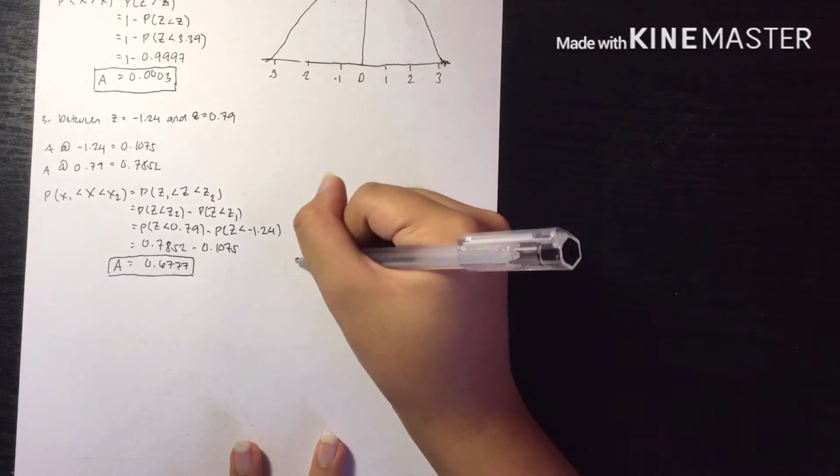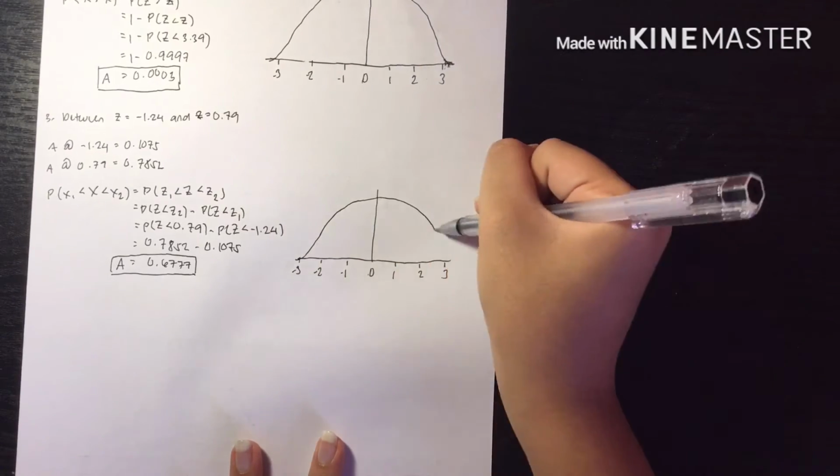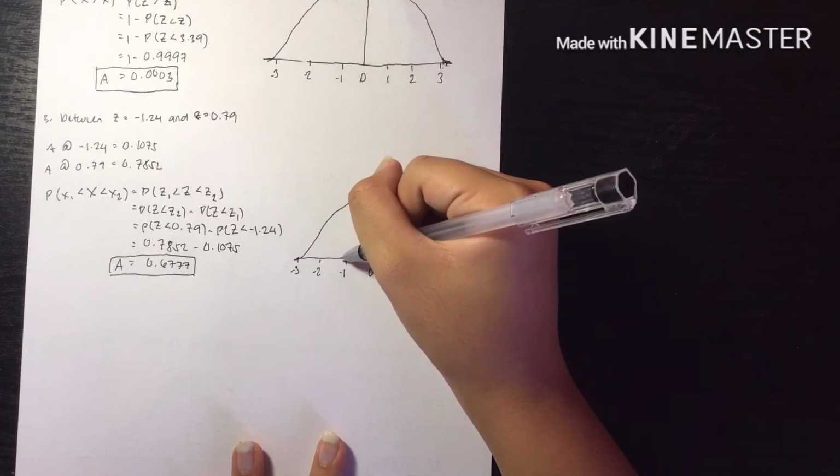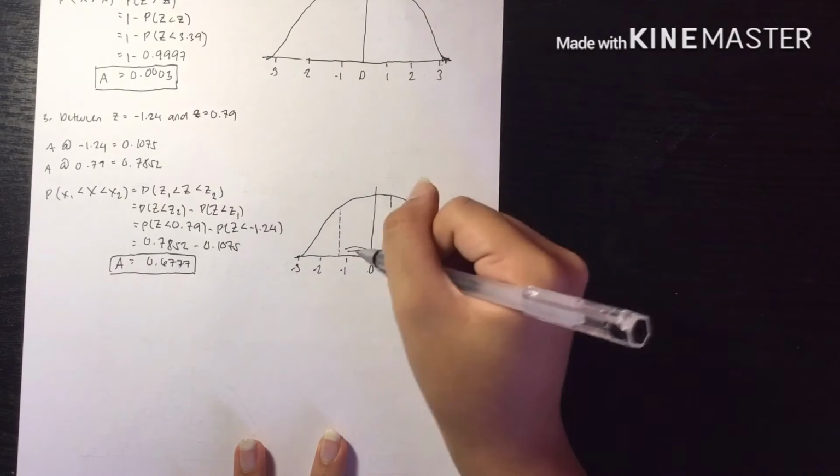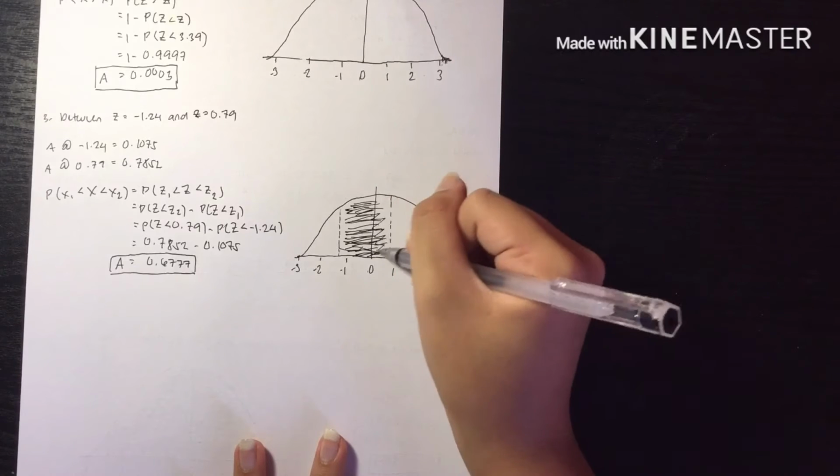And that is your answer. To draw this out, find both of the z-scores and then shade in between those numbers. There you go.